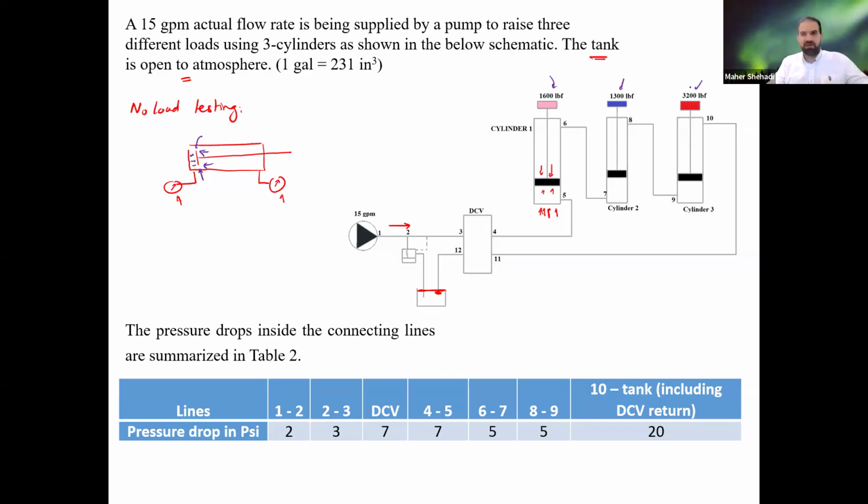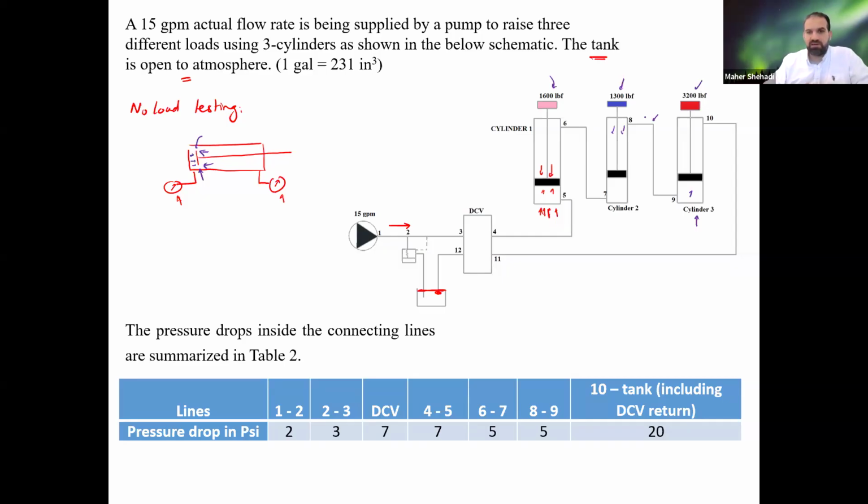And before we start, just as a reminder, when they are in series, I would start from the very last cylinder, or the closest cylinder to the tank, because the back pressure goes to the tank. So that's where we would go and calculate the supply pressure coming here. And this would serve as the back pressure plus the pressure drop in the lines.